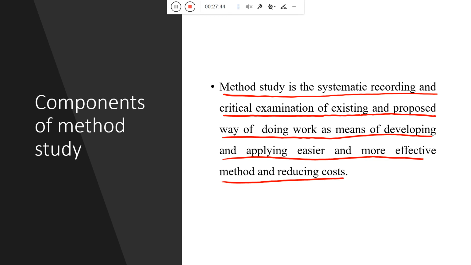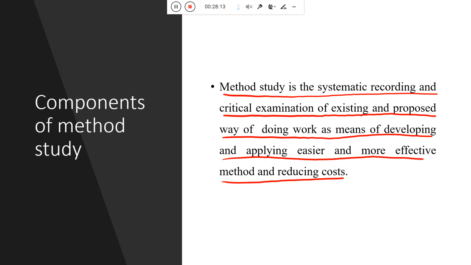For recording purposes, there are different tools that we will discuss in this module. Don't worry, this module will take around 12 to 13 hours. So you record all the things, how much time is needed, how much power is needed, how many workers are needed to do that particular operation and all things.